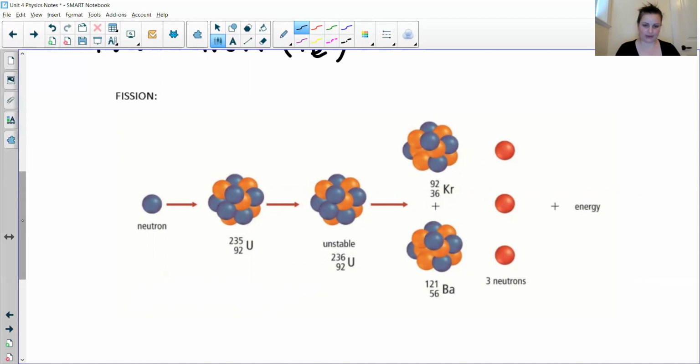Okay, so the neutron bombards it, becomes unstable, or it was already really large and unstable, and it breaks apart. So these happen with heavyweight nuclei, so ones that have lots and lots of protons and neutrons inside the nucleus. They must be larger than iron. Iron seems to be that cutoff period or cutoff mass.